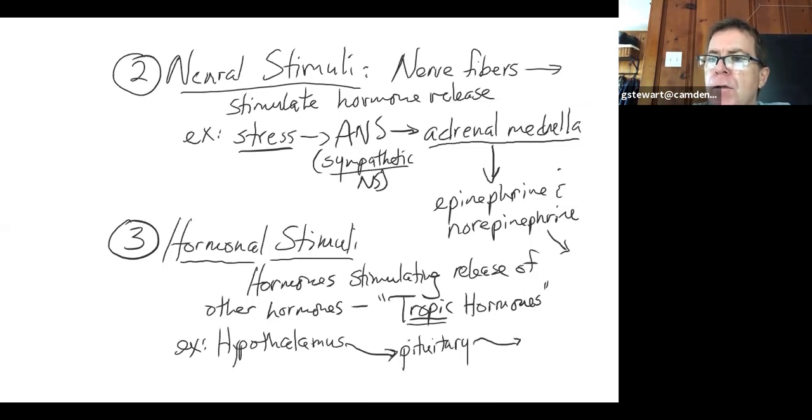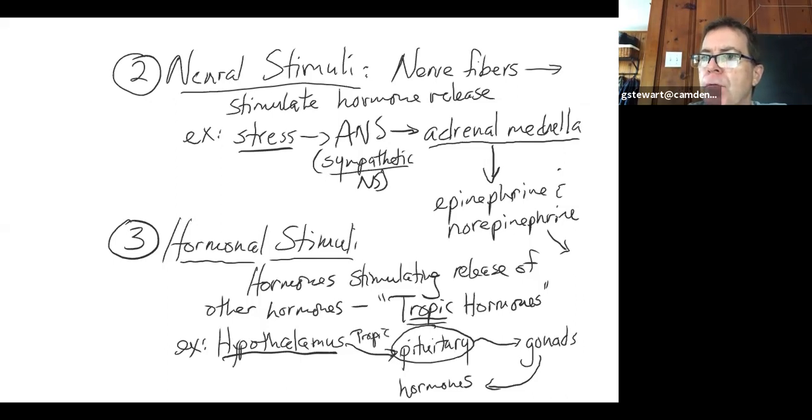They release hormones that might go to, say, for example, the gonads in the human body, the ovaries or the testes, and stimulate those to release steroid hormones called estrogens and progesterones. So here in this chain, hormones from the hypothalamus acting on the pituitary would be tropic. And the hormones released from the pituitary and acting on the gonads would also be considered tropic, because in both cases, they're causing the release of other hormones from that target site.